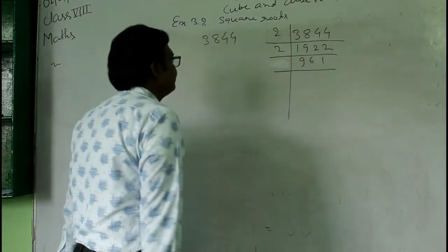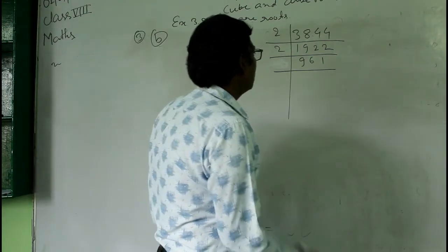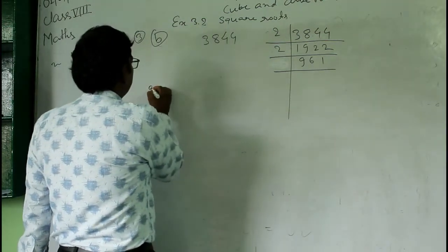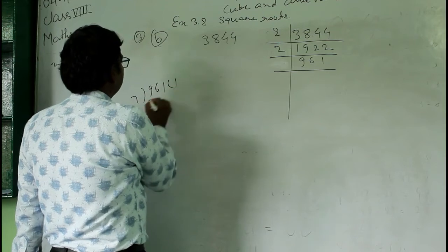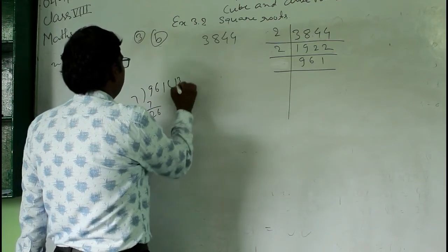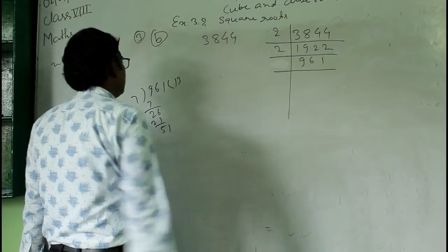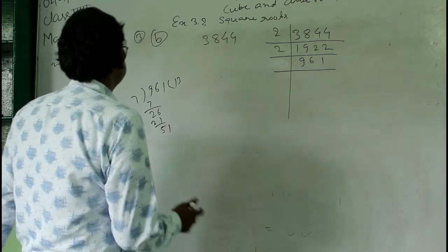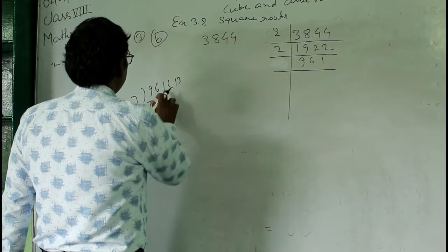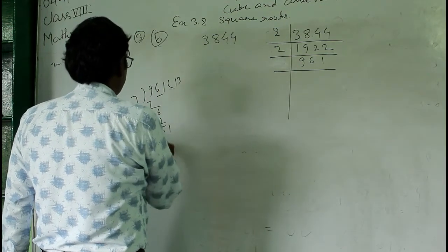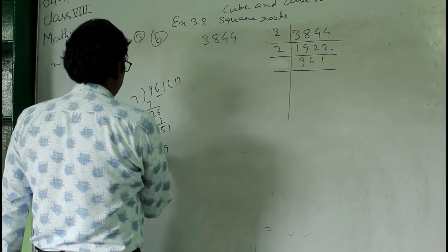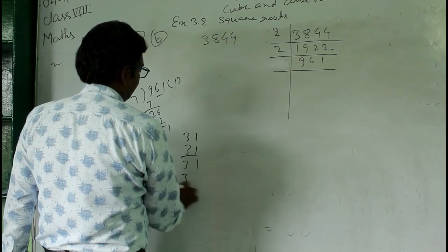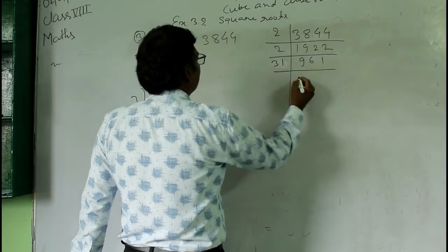Then 4, 5, it will not go by 5 also, and it will not go by 7 also. So by which number will it go then? It will go by 31. Yes, it will go by 31 because this is a prime number.